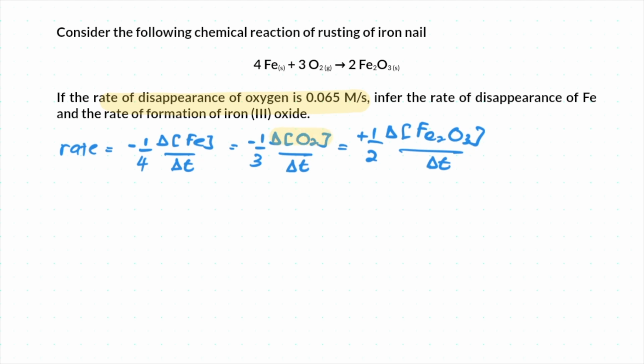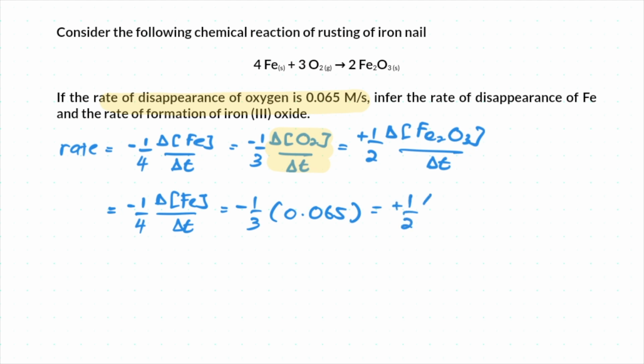Given to you in the question, the rate of disappearance of oxygen is equivalent to 0.065. So what we are going to do is substitute this value. So we can write -1/4 delta Fe over delta t is equivalent to -1/3 times 0.065, which is equivalent to +1/2 delta concentration of Fe2O3 divided by delta t.